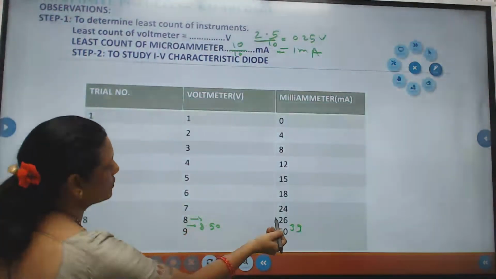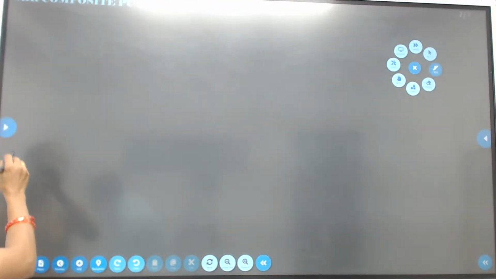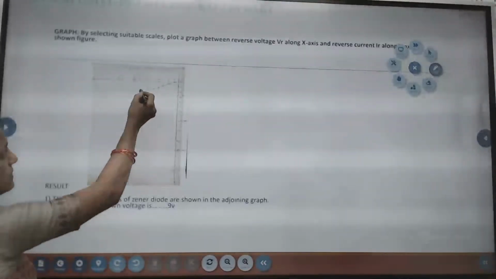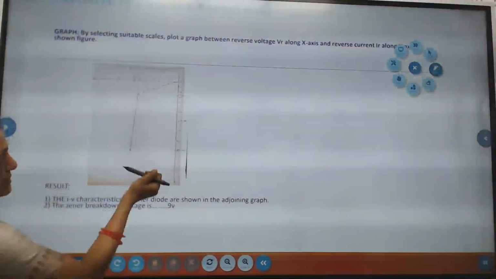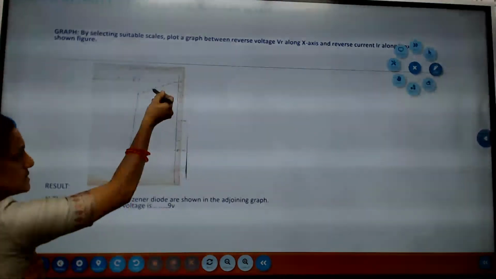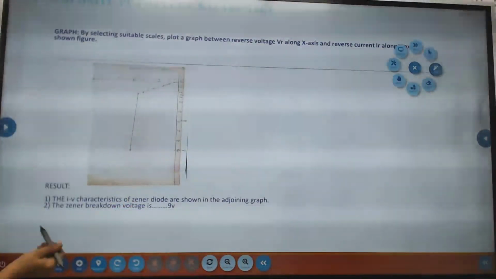It increases up to 26. At 8 volt, the current is flowing up to 26 milliampere. But when I go suddenly from 8 volt to 8.25, a sudden increase in current takes place from 26 milliampere to nearly 39 and then nearly 50 milliampere.